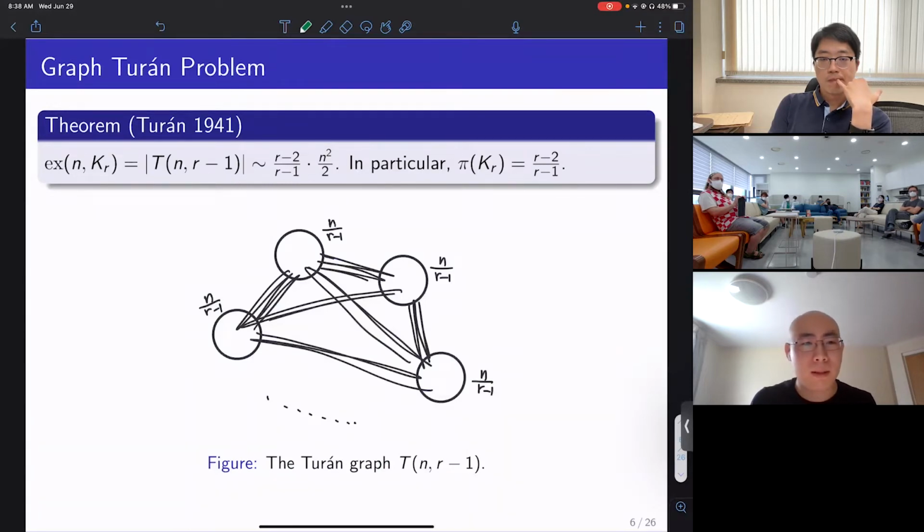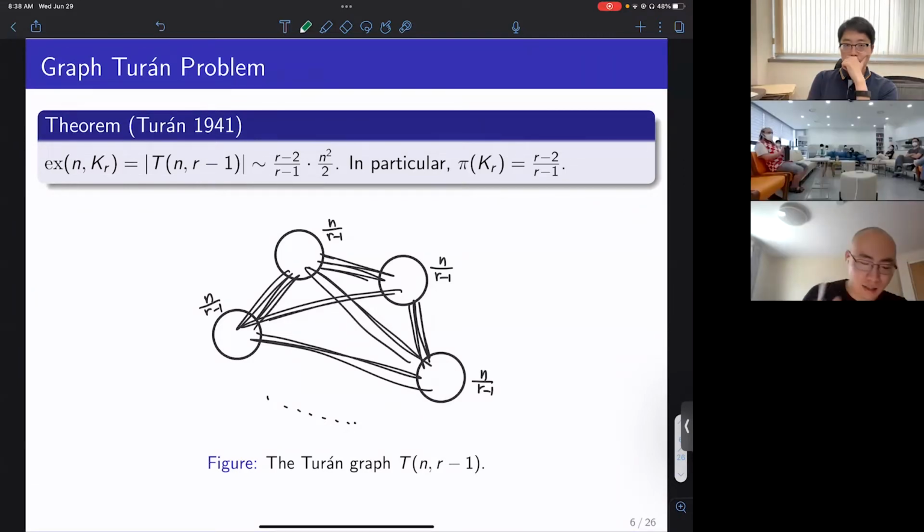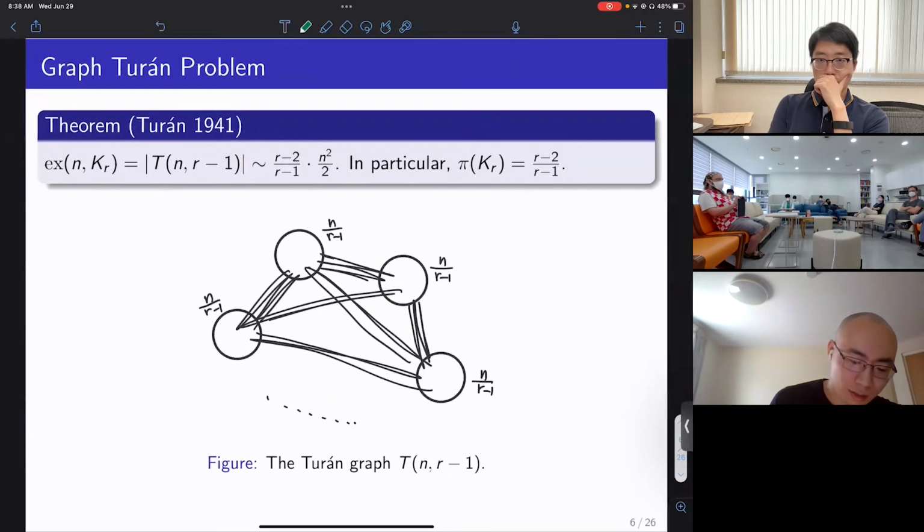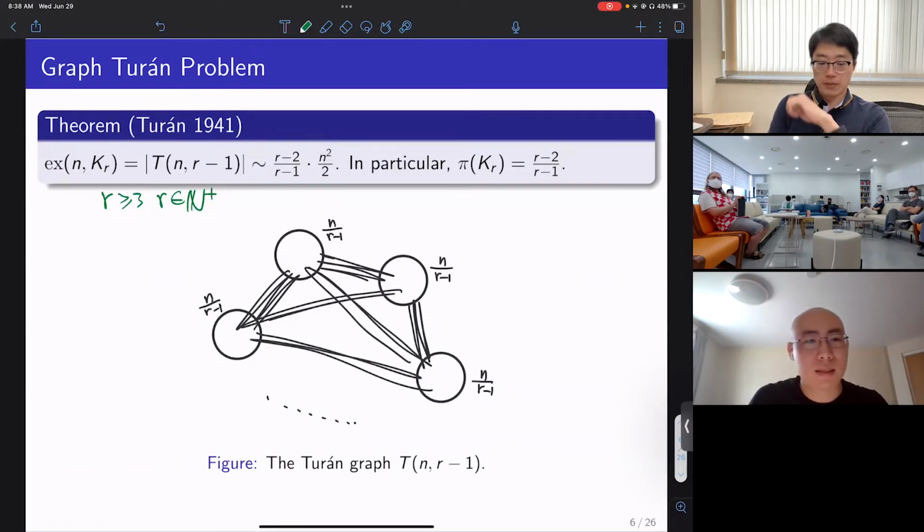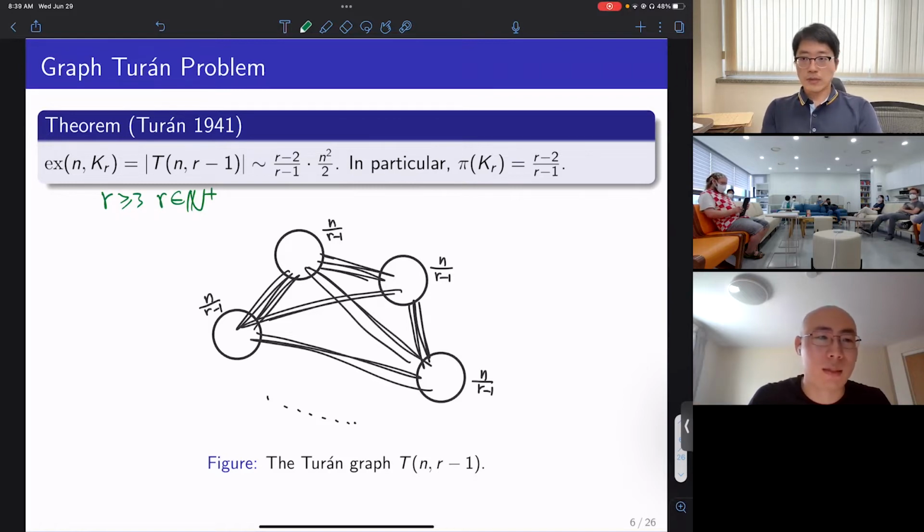Maybe the most famous result in extremal graph theory is the Turán theorem, which just replaces the triangle by any complete graph. Now R is any integer. So if you replace the complete graph on 3 vertices by any complete graph on R vertices, then Turán tells you the extremal function for this clique.